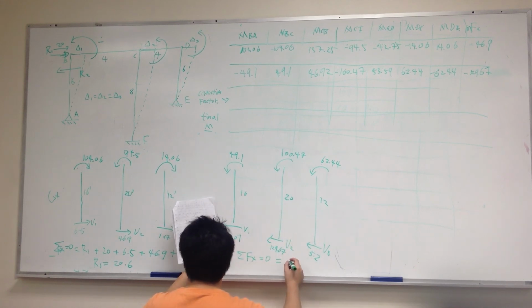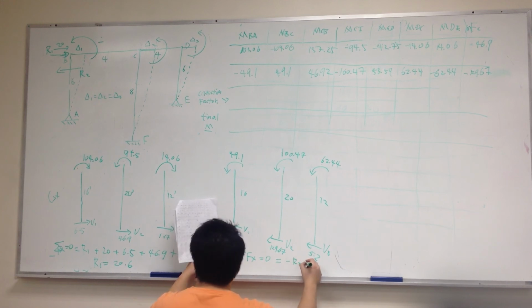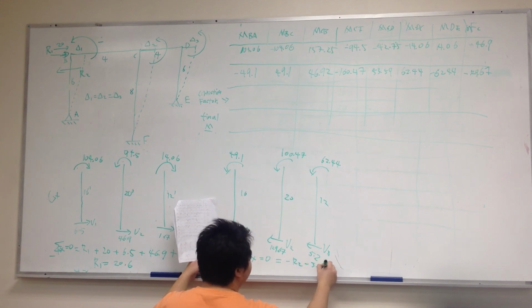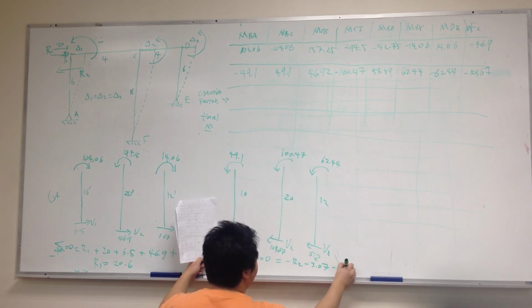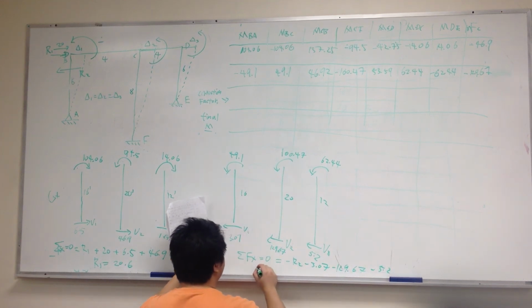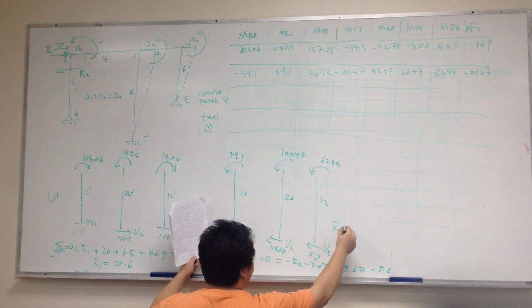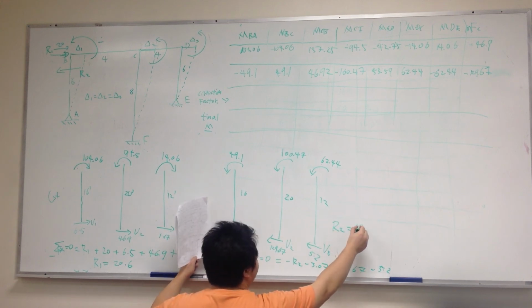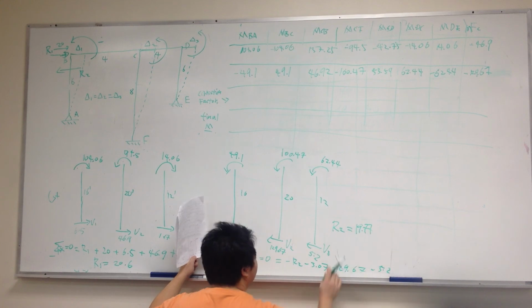So you're gonna have negative R2 minus 3.07 minus 129.67 minus 5.2. So R2 is gonna be 19.77.